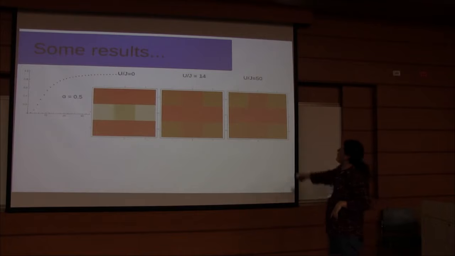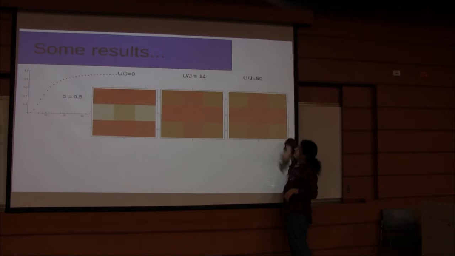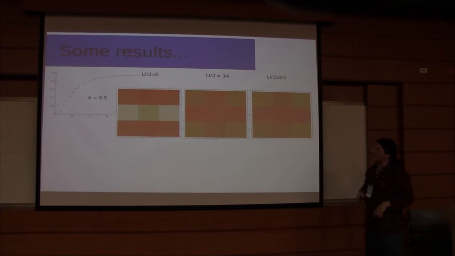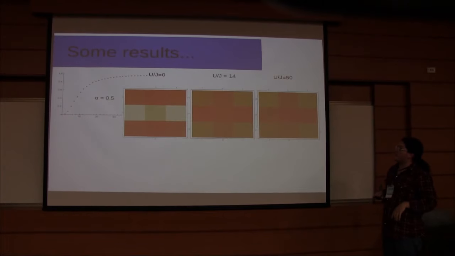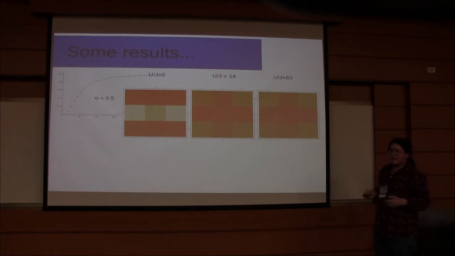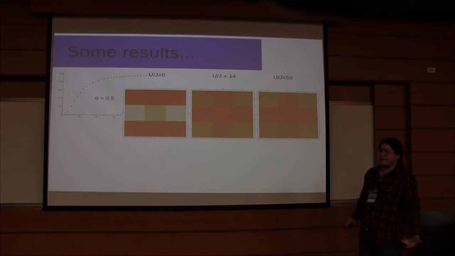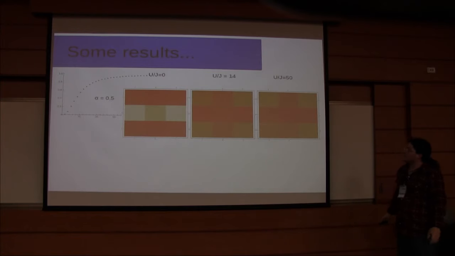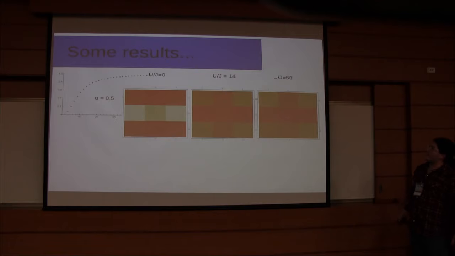Here and here, and the hole is now here and here. So this is a kind of particle-hole symmetry when U is large, and well, the synthetic forces don't see the difference between the hole and the particle. And that will be everything.